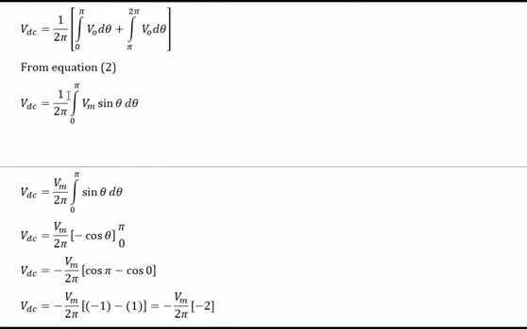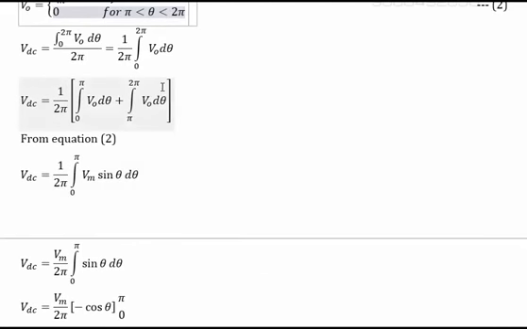So the integration will remain only for this part, because whatever we multiply by 0 becomes 0. So this whole integration part will become 0. Only the left part of this integration will remain, that will become Vm sine theta.